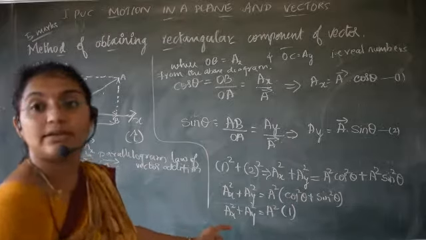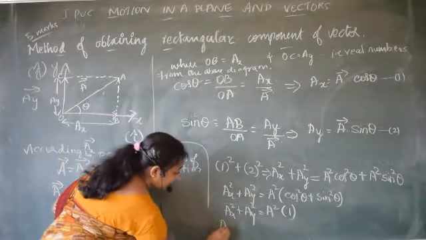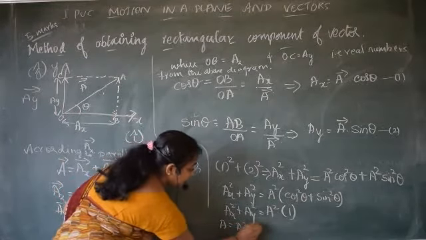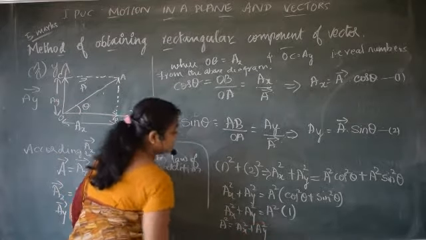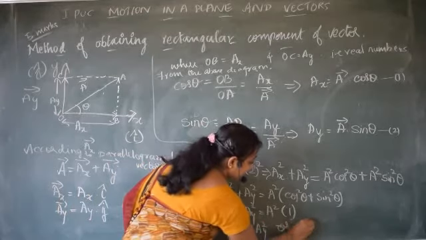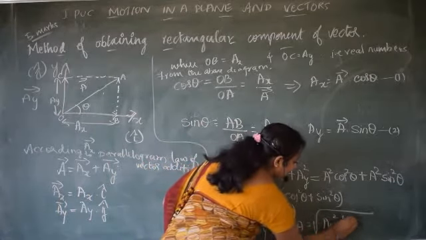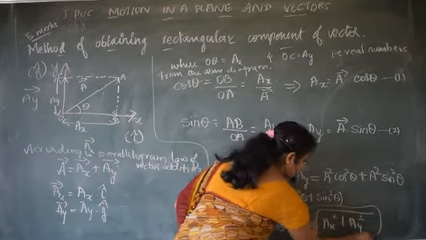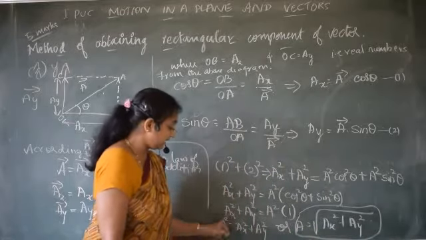Can you see further if I write the next step? Yes. I will write it clearly. A square is equal to AX square plus AY square, or I can write A is equal to square root of AX square plus AY square. How? A square is here, take that square to the other side.